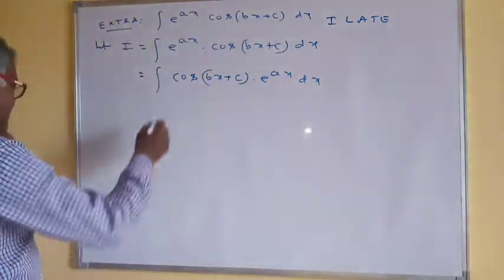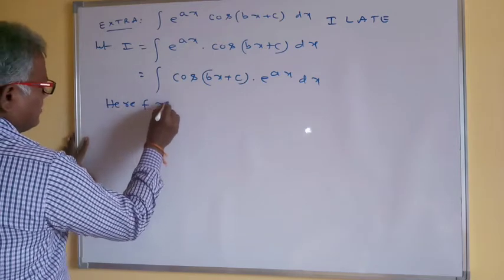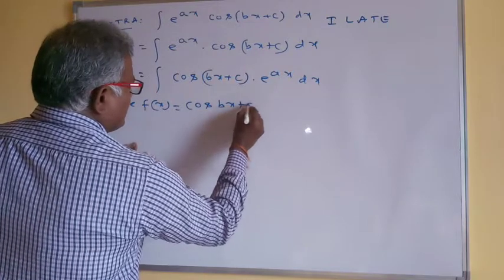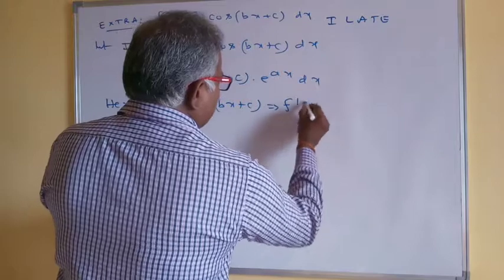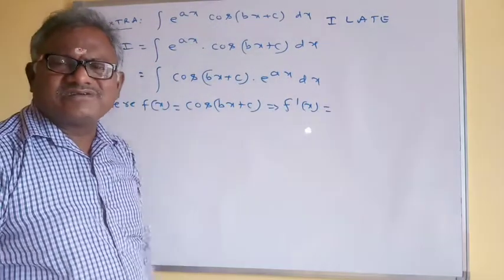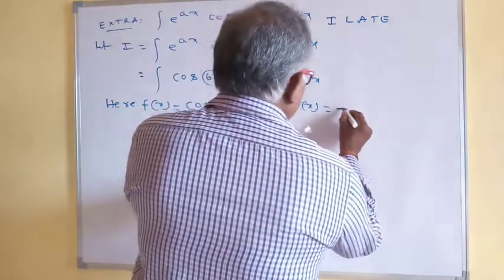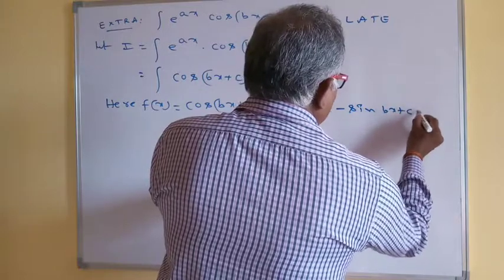After this, just mention f of x is equal to cos of bx plus c. For the first function, what do you have to do? Simply find the derivative of the first function. Cos derivative is minus sin.